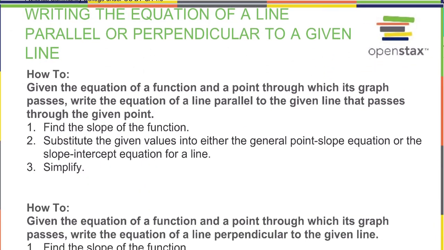Okay, so if we're writing the equation of parallel or perpendicular lines, the first thing that you're going to do, so this looks like the steps for parallel. So a line that's parallel to a given line. You find the slope of the function, substitute the given values into either the general point slope equation or the slope intercept equation for a line, and then simplify.